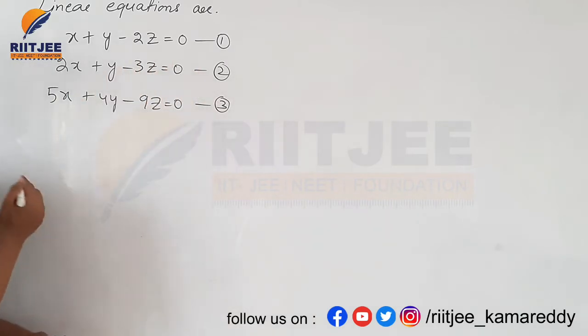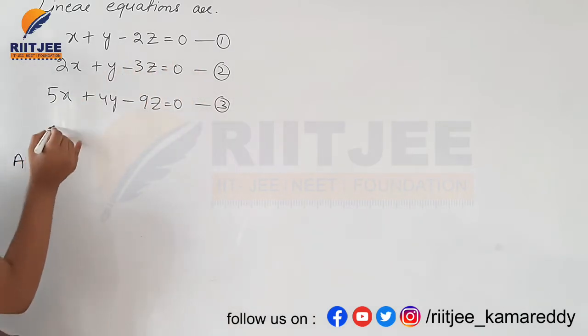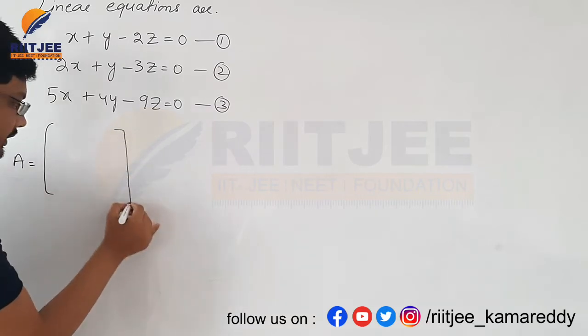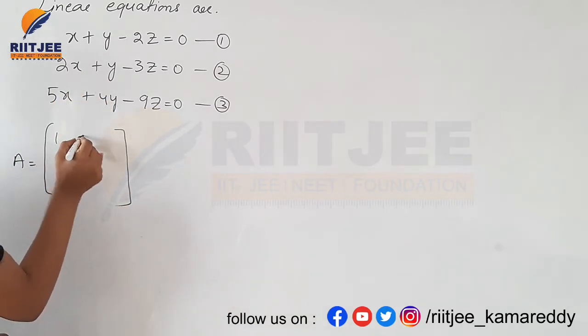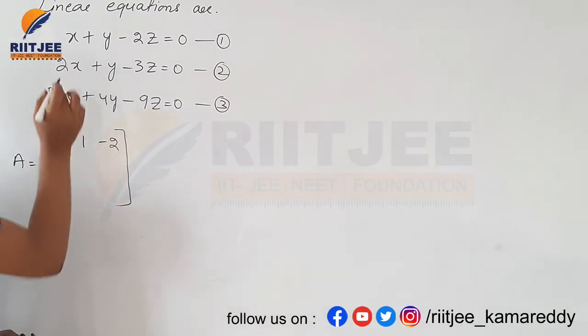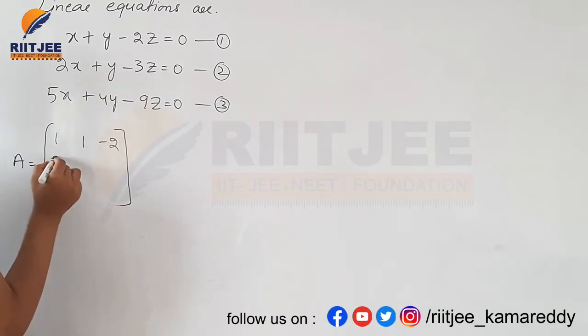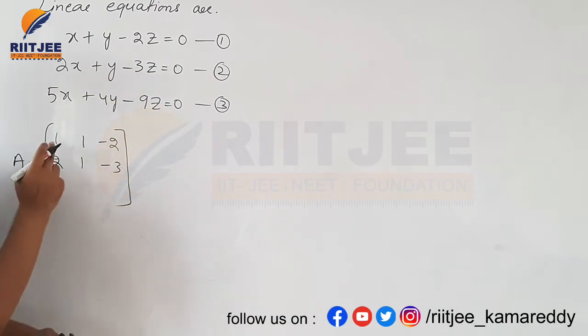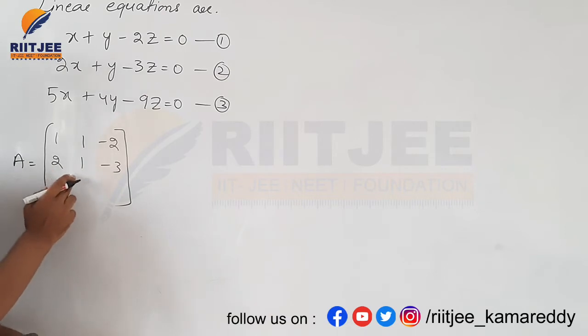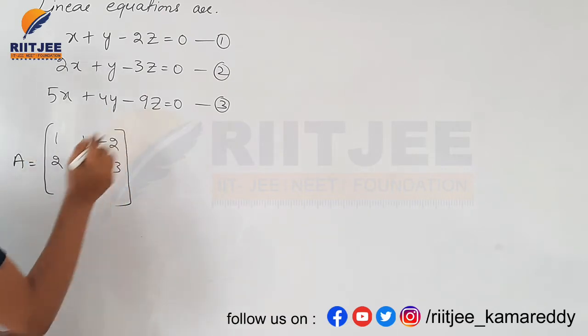From these three equations I am framing a coefficient matrix here: 1 1 minus 2, 2 1 minus 3, and 5 4 minus 9.